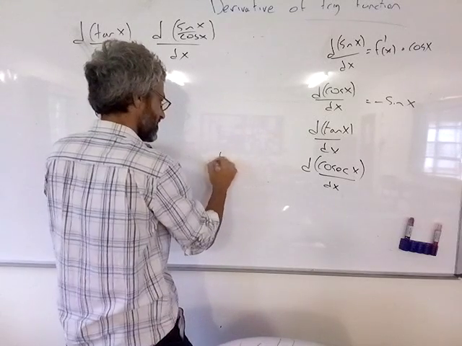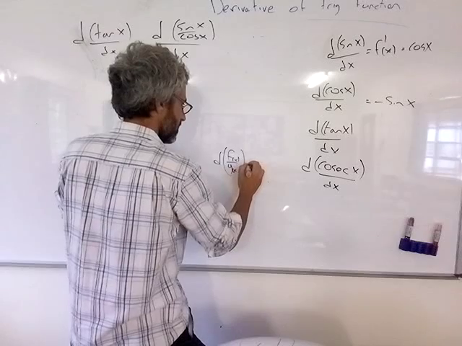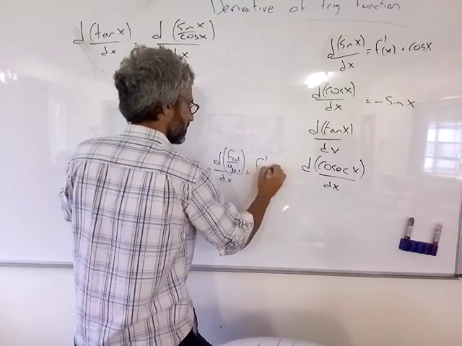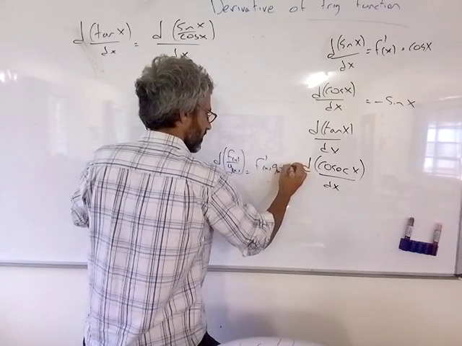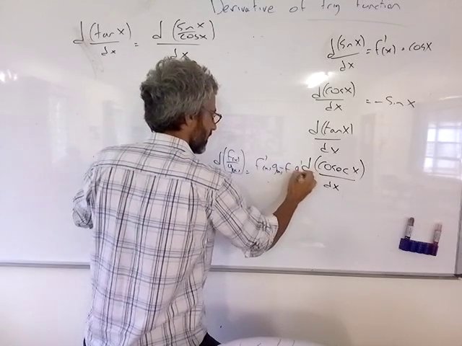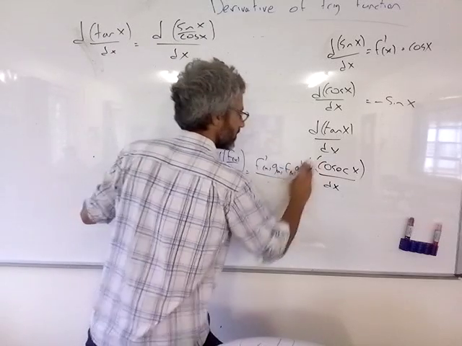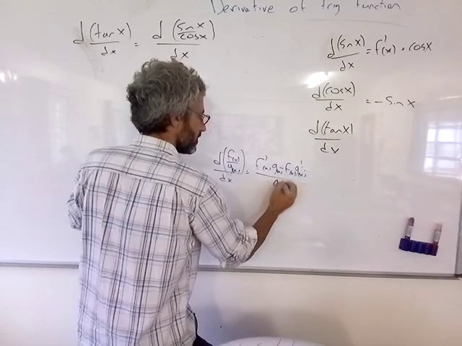Okay, so d of f over g, both of them functions of x, to dx is f prime g minus f g prime, divided by g squared.